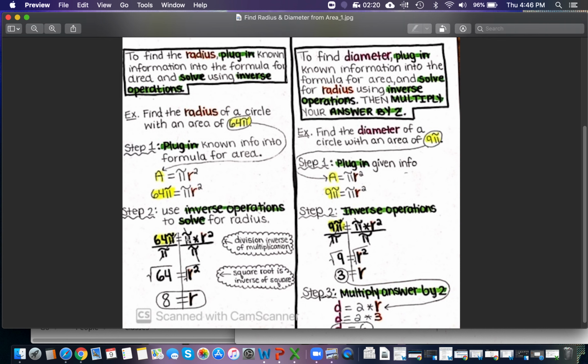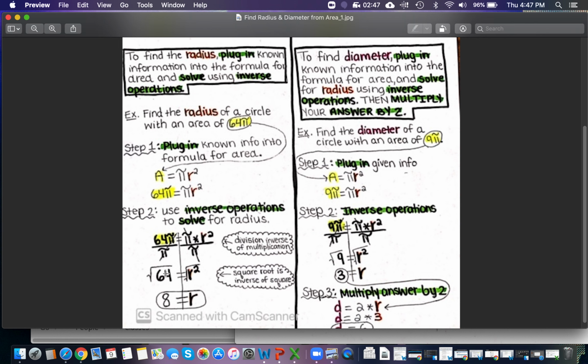The opposite of multiplication is division, so I'm going to divide both sides by pi. That allows me to cancel out pi on this side, and I'm left with the radius squared here. When I do 64 pi divided by pi, these cancel out, and so I'm left with 64.